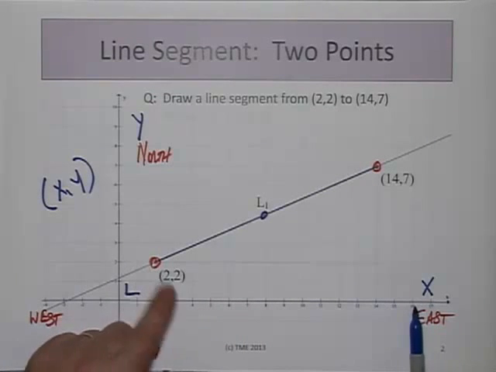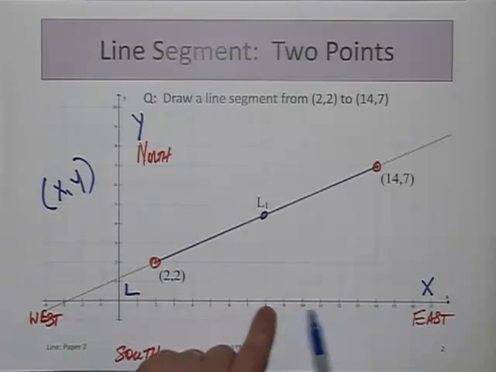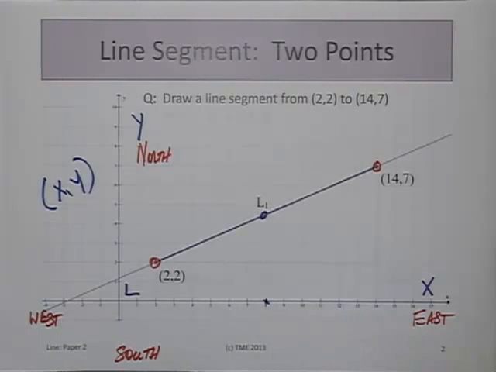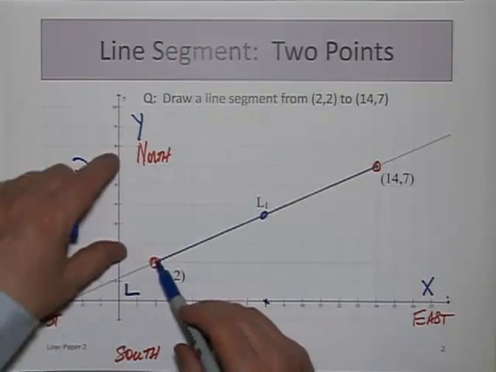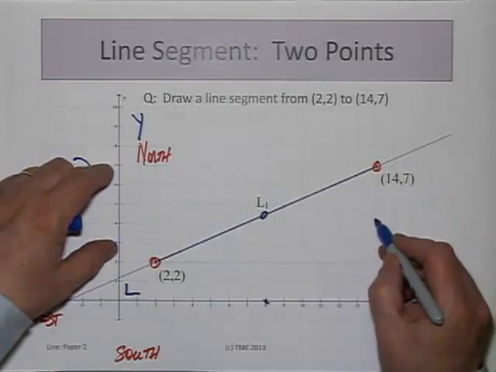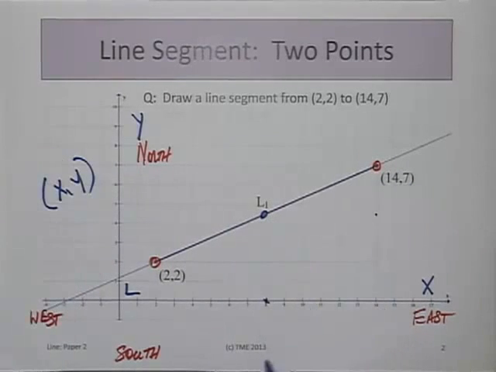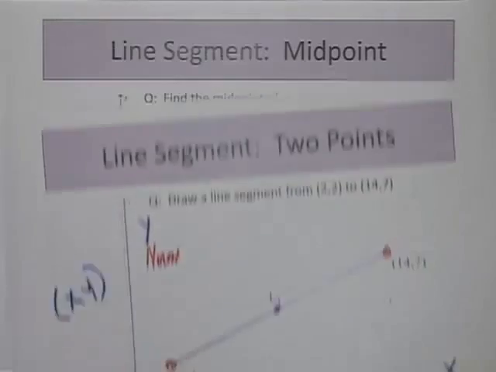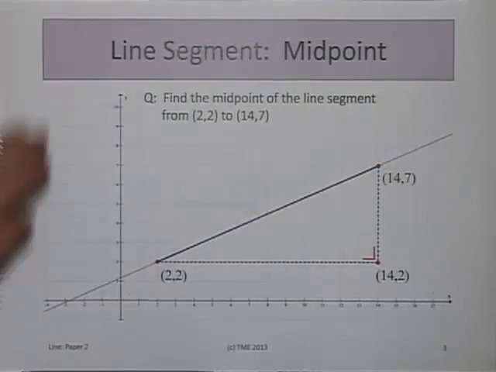Well, if you started walking from 14 and somebody started walking from 2 towards each other, they'd meet at a certain point. They'd meet at point 8 if they were walking at the same speed. And similarly, 2 and 7, in terms of north, if they started walking towards each other, they'd meet at 3.5. So you can get a good feel of this if you want to, just by eye or by common sense or by experience.